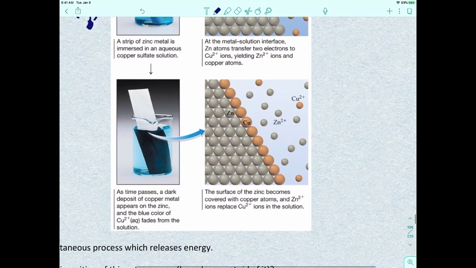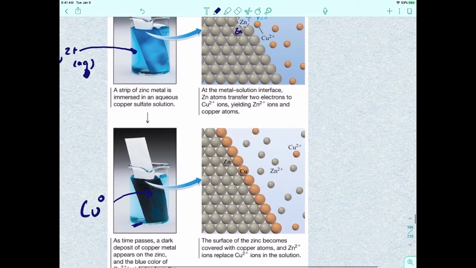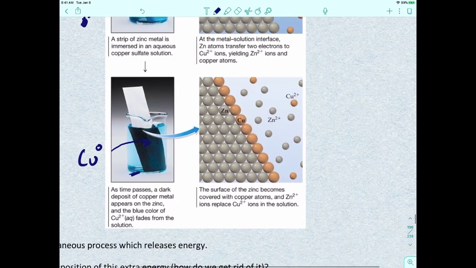So you start to see the corrosion is actually elemental copper that's now on the surface of the zinc metal. And if you notice, the solution has definitely cleared up and become more transparent. That's because all the copper ions are coming out of solution and being deposited onto the metal.